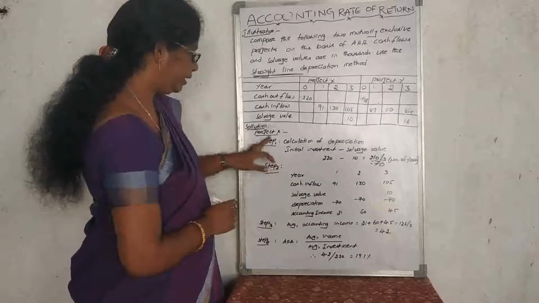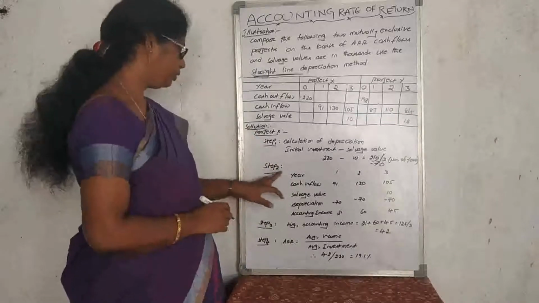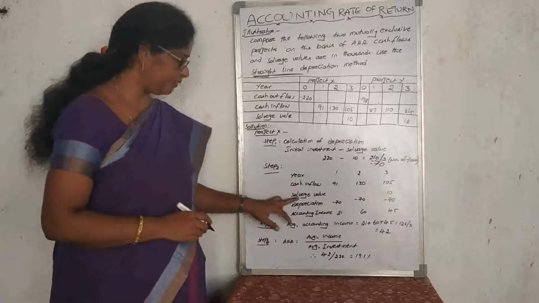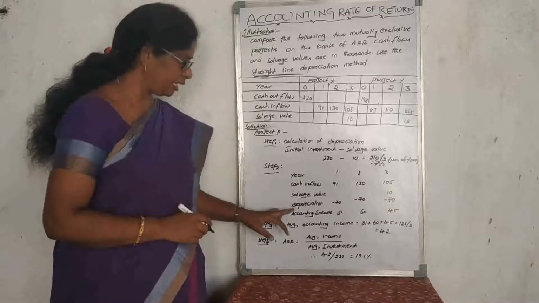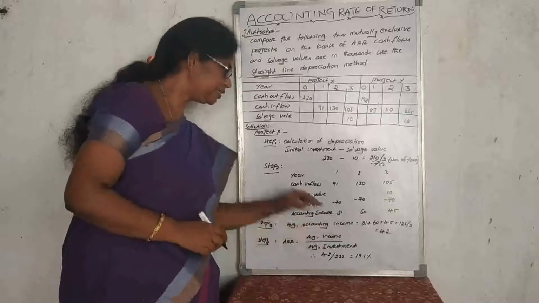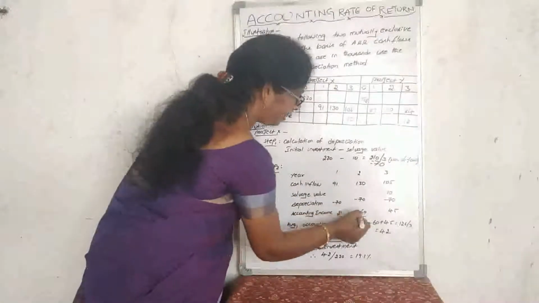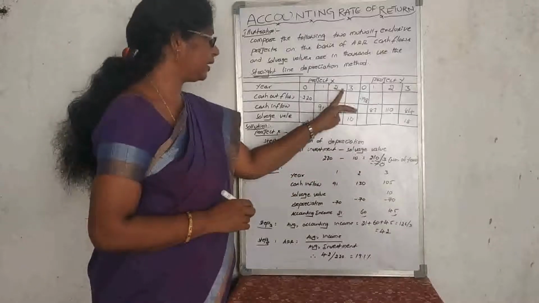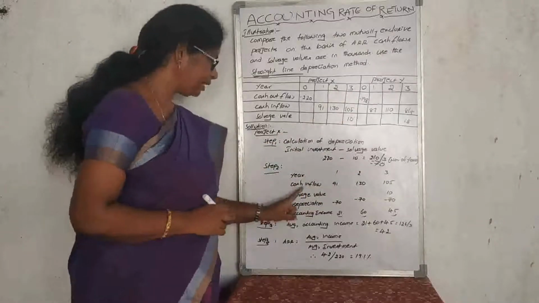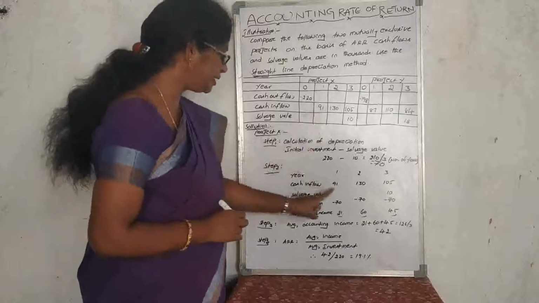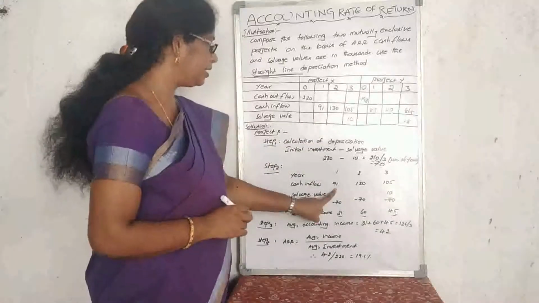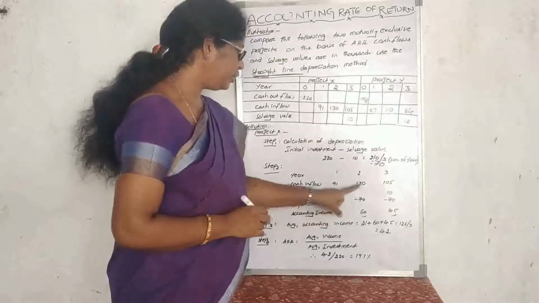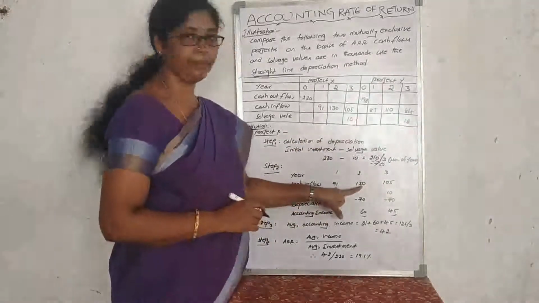Coming to step 2, year, cash inflows, salvage value, depreciation and accounting income can be determined. How many years are there? First year, second year and third year. Cash inflow in the first year will be 91,000 rupees. These are all expected values. In the second year, 1,30,000 rupees can be received.